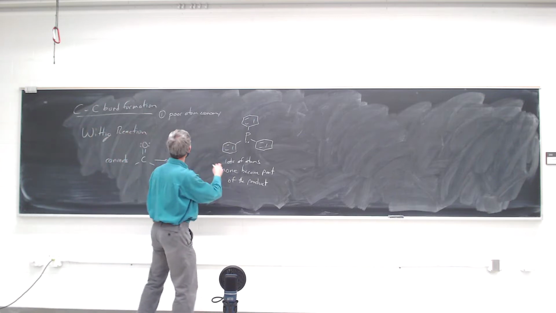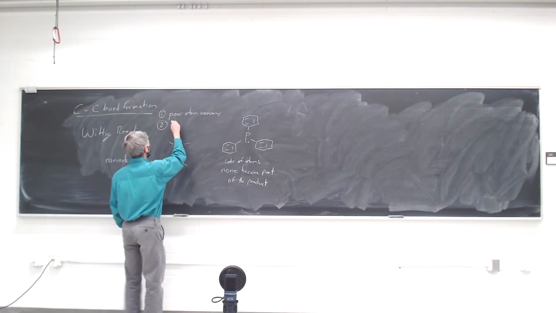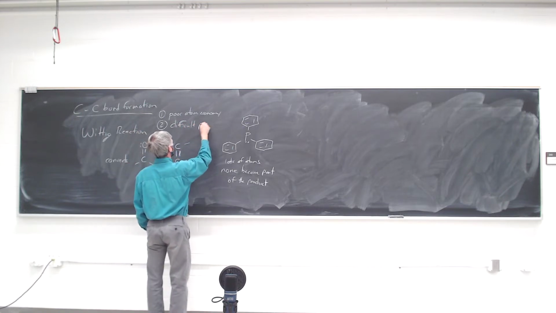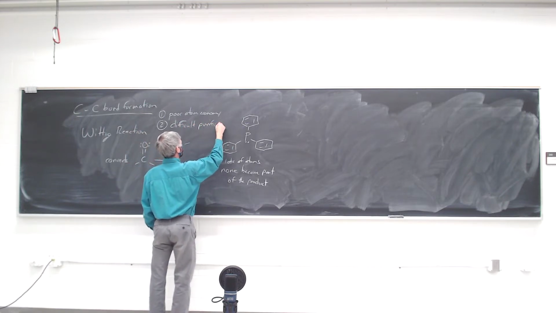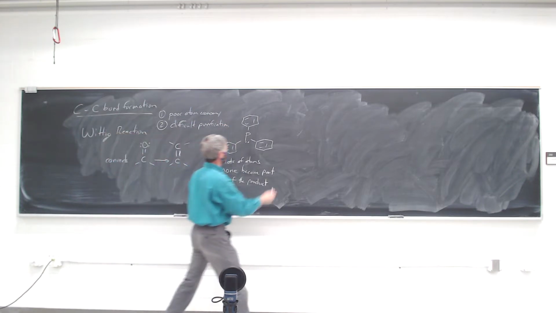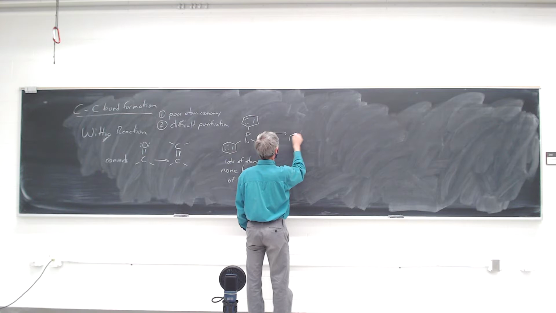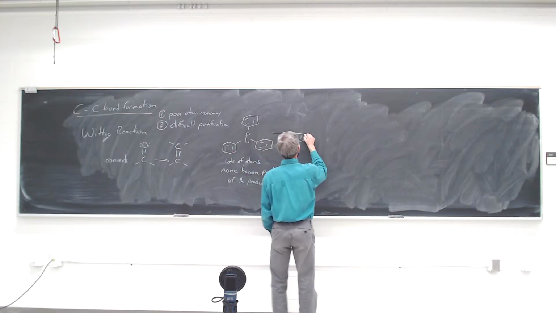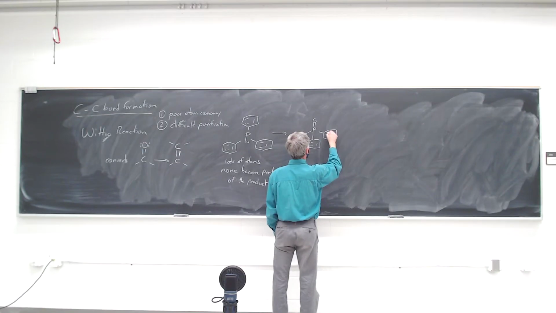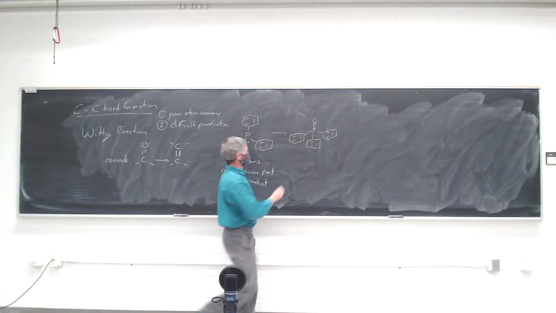The other problem is difficult separation at the end. Because the triphenylphosphine becomes triphenylphosphine oxide, triphenylphosphine oxide is nonpolar.